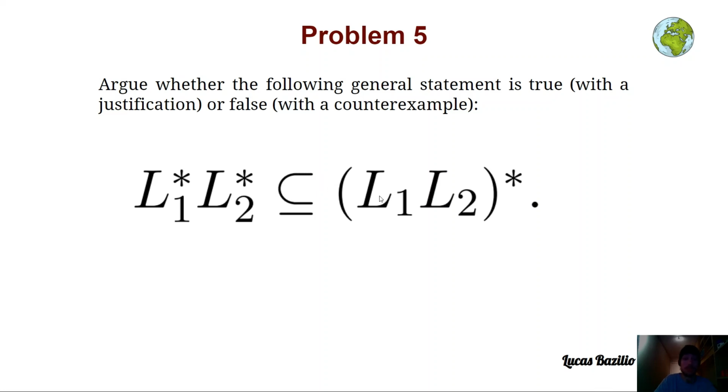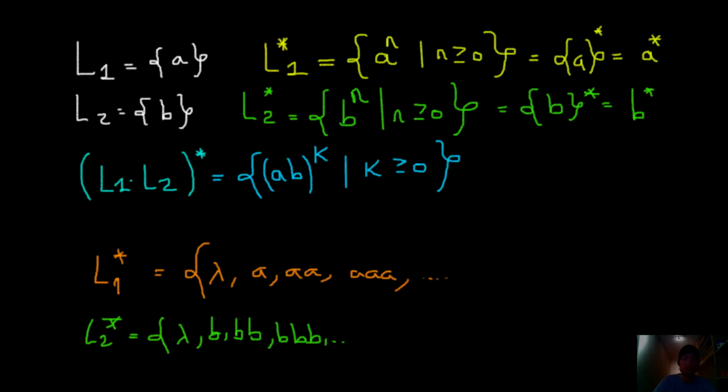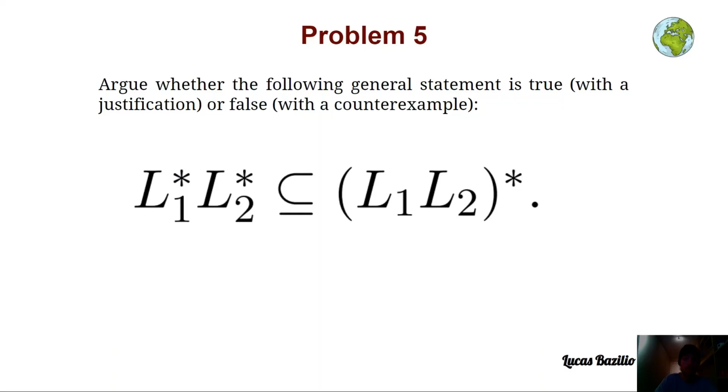So let's give a counterexample. It is very simple to see. Just consider the word AAB. This is a word that belongs to the first resulting language, the language on the left.